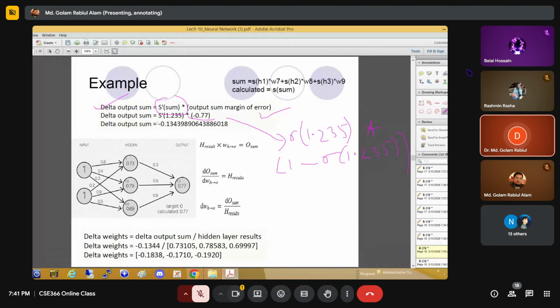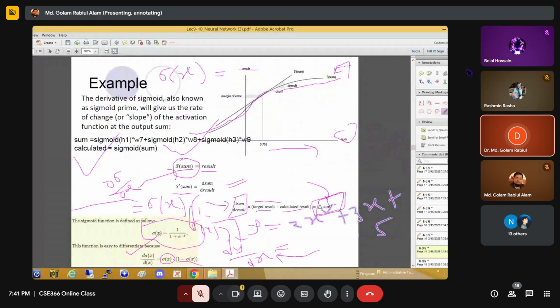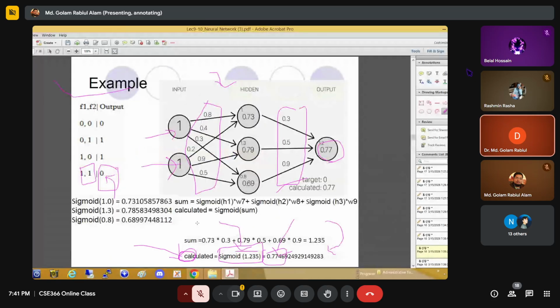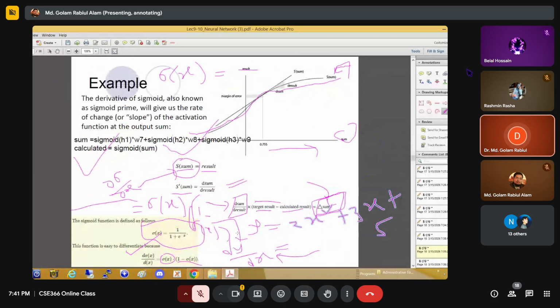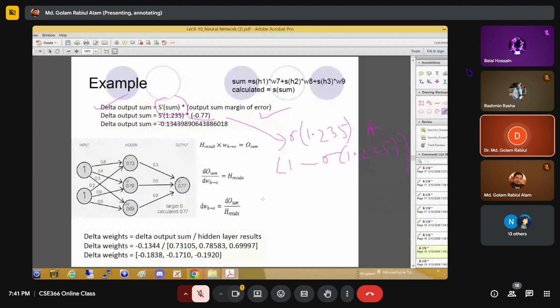This is the derivative of the sigmoid of the sum. So what is the sigmoid of the sum? We have already calculated it. It is 0.774 or 0.775.